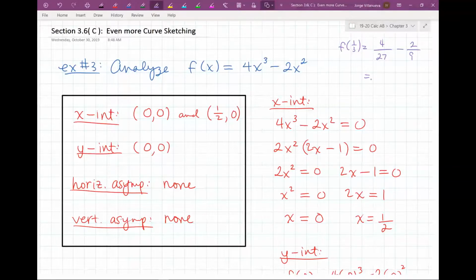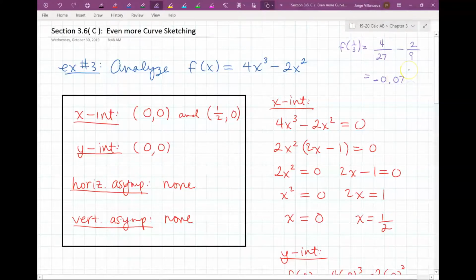What is it? 0 point what? Negative, I think it should be. Negative what? Negative 2? Oh, negative 2 over 27. But what's 0.078? 4 after that. So we'll leave it.